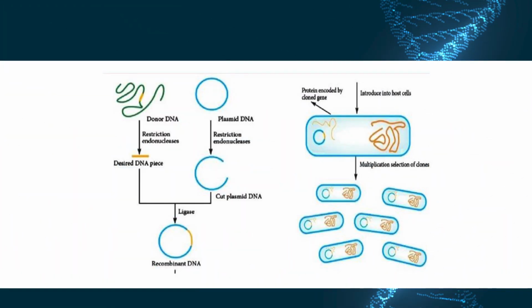Host cells containing the recombinant vector are cultured in a controlled environment such as a bioreactor, where they multiply and form a cell culture. So, here we can see in the figure the steps which we have discussed so far. The right side of the figure indicates the transformed cells carrying the recombinant DNA, and in this way we can create a large number of copies of the transformed cells.